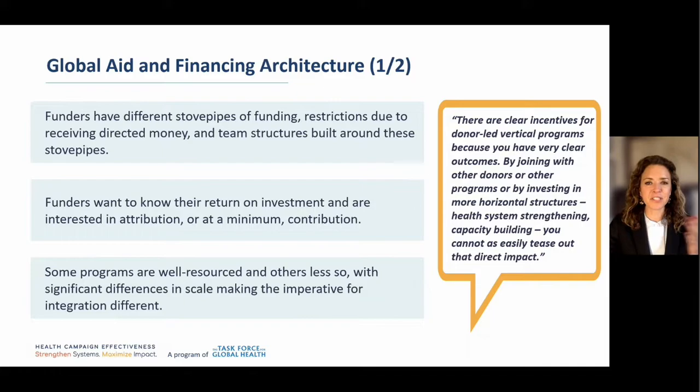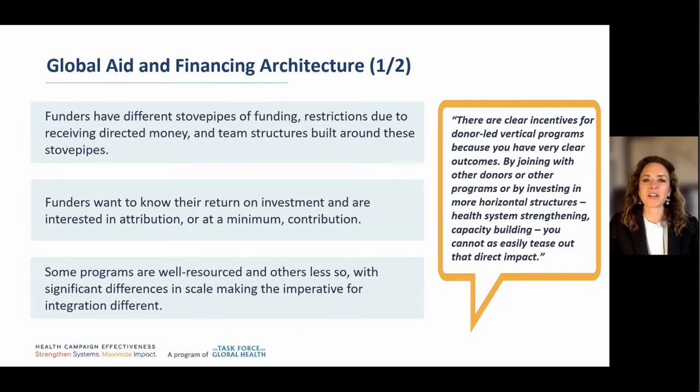Funders have different stovepipes of funding, restrictions due to receiving directed money, and team structures that are built around these stovepipes. Funders want to know their ROI, their return on investment, and are interested in attribution, or at a minimum, contribution. And demonstrating results against expenditures for directed money can be more challenging in integrated programs.